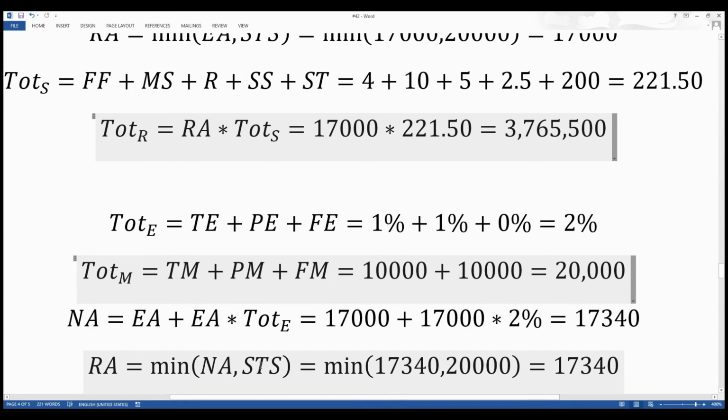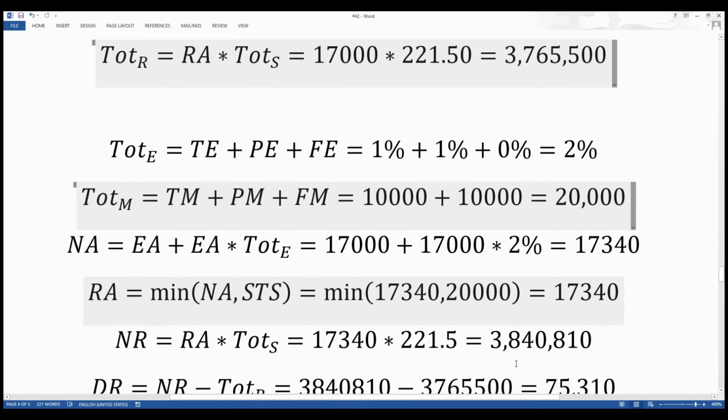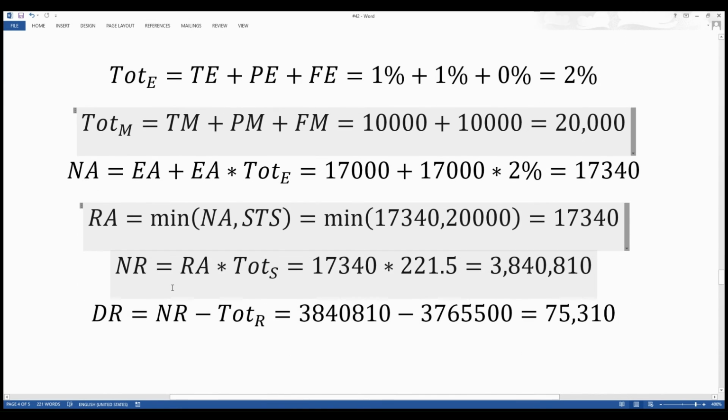But now the real attendance will be this 17,340 because we increased the stadium. See? Then we calculate the next variable. This is the new revenue, which is going to be this amount. And when we calculate the difference, we see that now we have a positive revenue. Okay? A small one, that's true, but yeah, we have this positive difference.